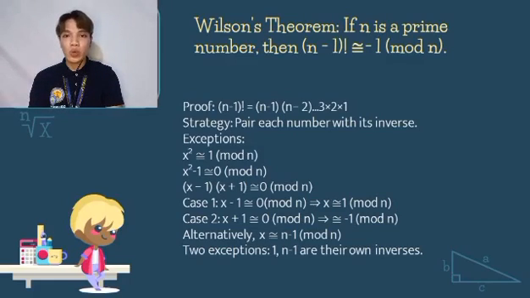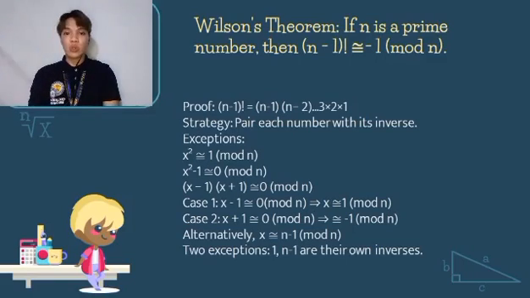x squared is congruent to 1 mod n. We equate both sides with 0, so we have x squared minus 1 is congruent to 0 mod n. To factor x squared minus 1, we have (x-1)(x+1) is congruent to 0 mod n. For case number 1, x-1 is congruent to 0 mod n means x is congruent to 1 mod n.